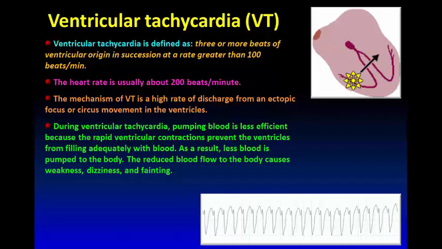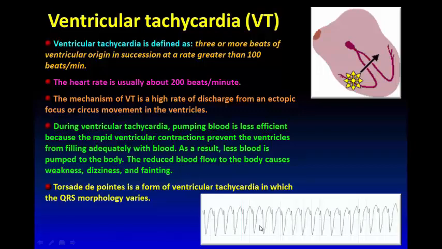As a result, less blood is pumped to the body, and the reduced blood flow to the body causes weakness, dizziness, fainting.